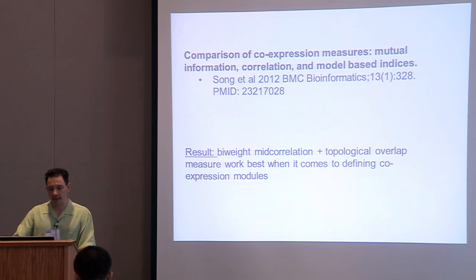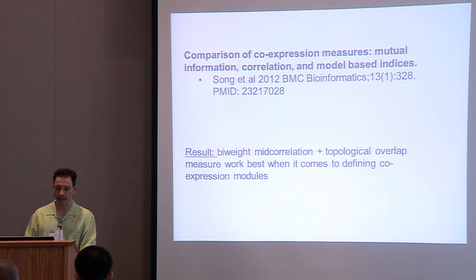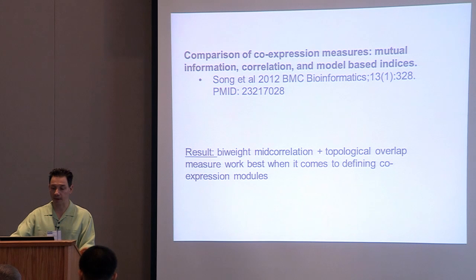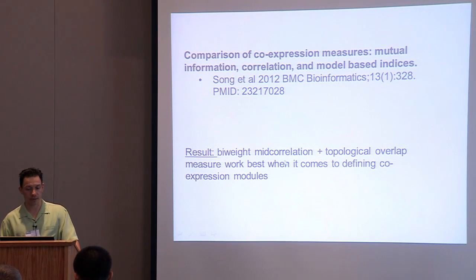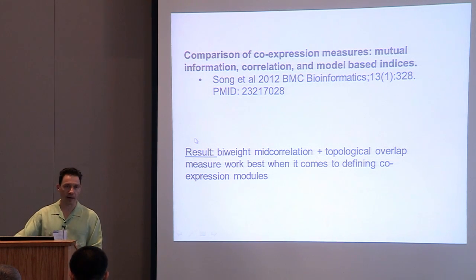And to tell you already, her studies indicate without a doubt that using the bi-weight mid-correlation coupled with the so-called topological overlap measure worked best for finding modules that were enriched with significant GO terms.